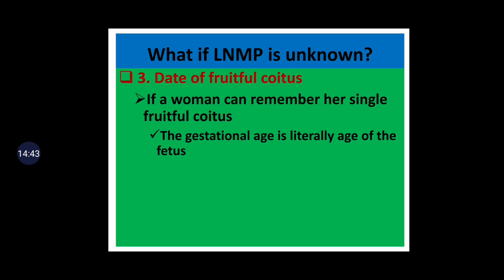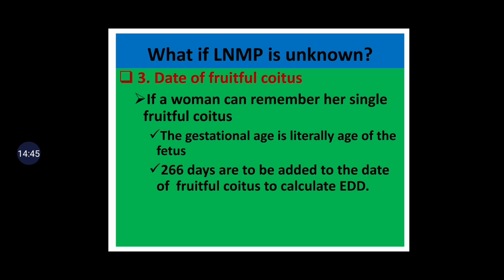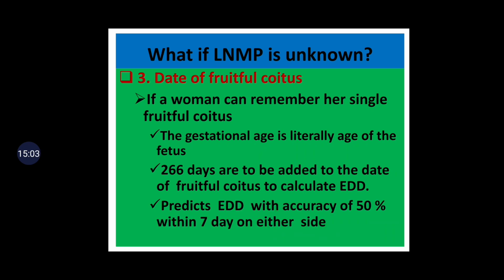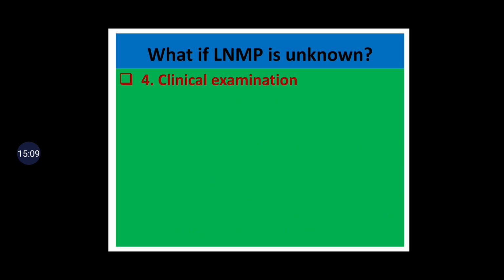The gestational age is literally the age of the fetus, because we calculate gestational age and expected date of delivery from the time of ovulation, not from day 0. So we add 266 to the day of fruitful coitus to calculate EDD. It predicts expected date of delivery with accuracy of 50% within 7 days on either side.